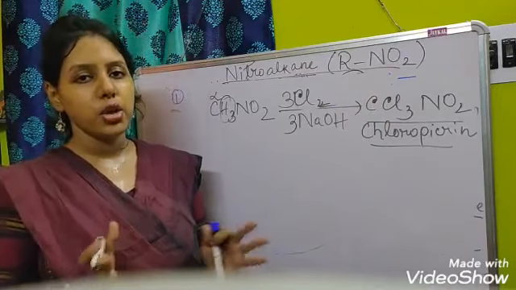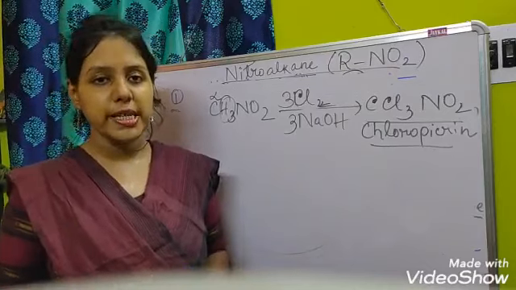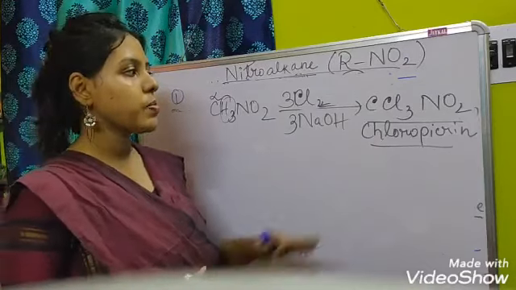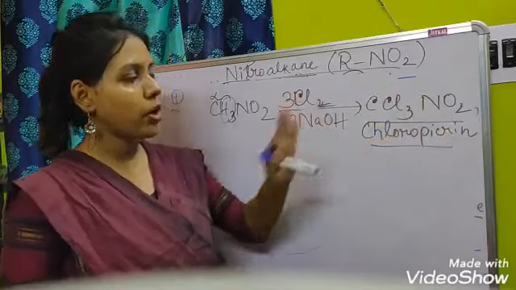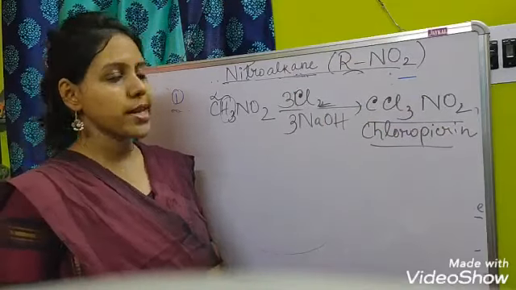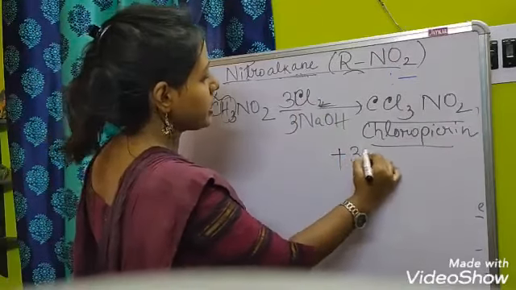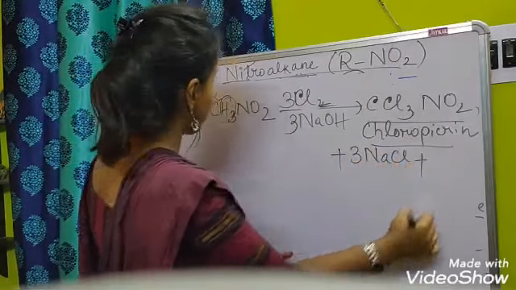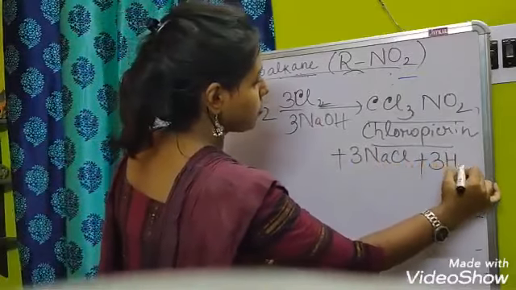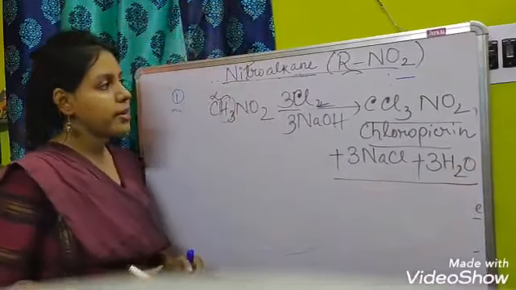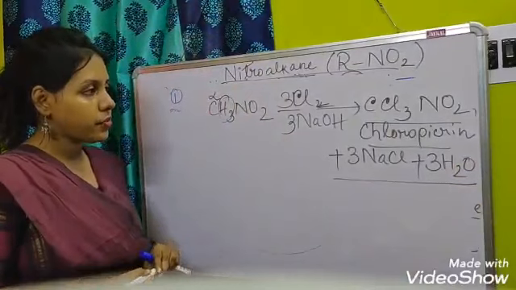All of you have heard about tear gas. That tear gas has the formula CCl3NO2, which is known as chloropicrin. Along with this, there will be the formation of 3NaCl plus 3H2O. Okay, so this is the other product.